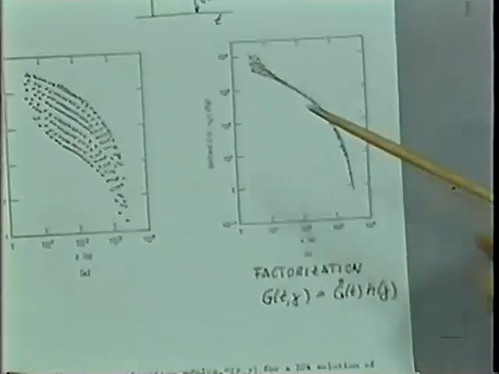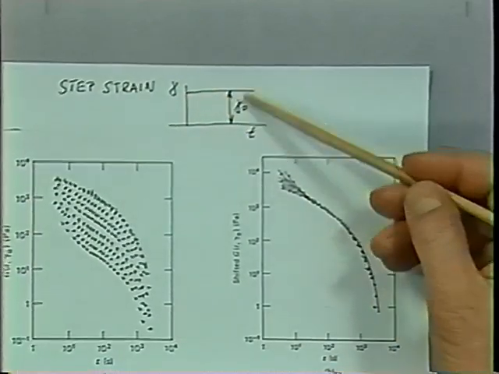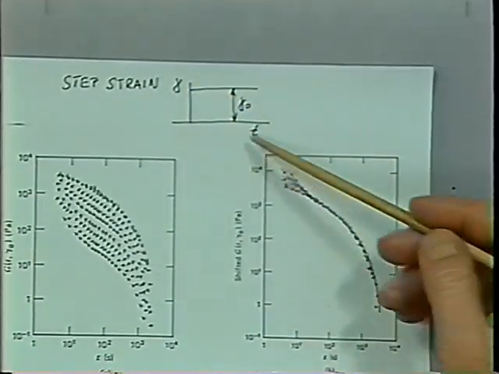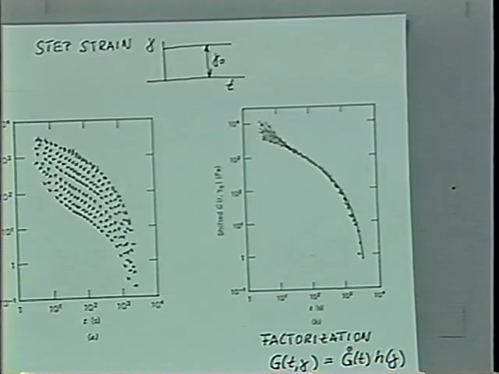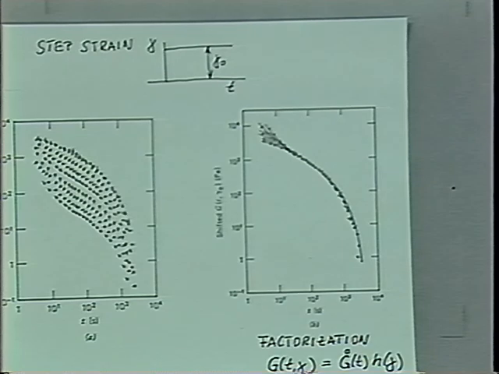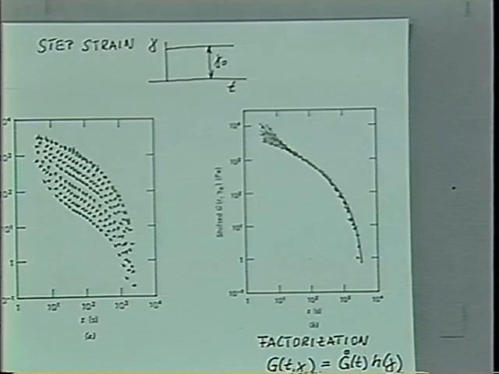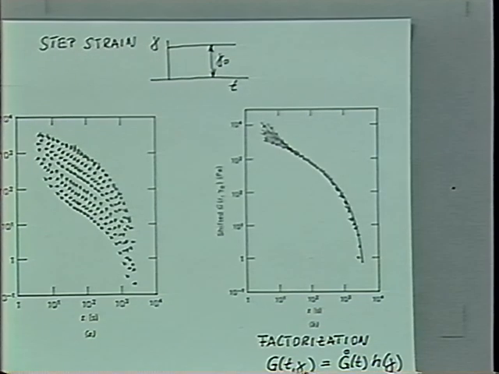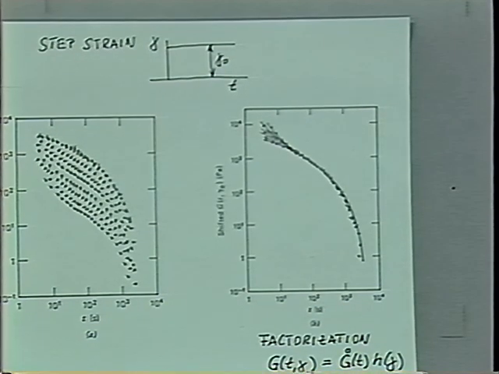This is obviously a very simple experiment, so the factorization might hold in this case. It might not hold in other cases, and that has to be tested further. But it seems to hold, and constitutive equations of Doi-Edwards, for instance, are based on the factorization, based on the separation of strain and time dependence.